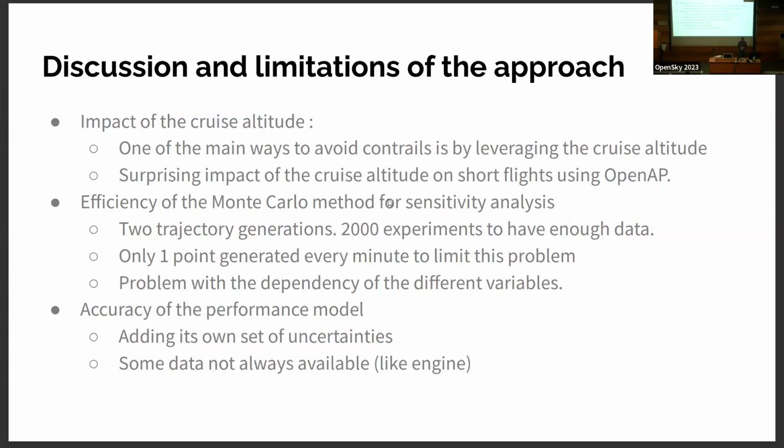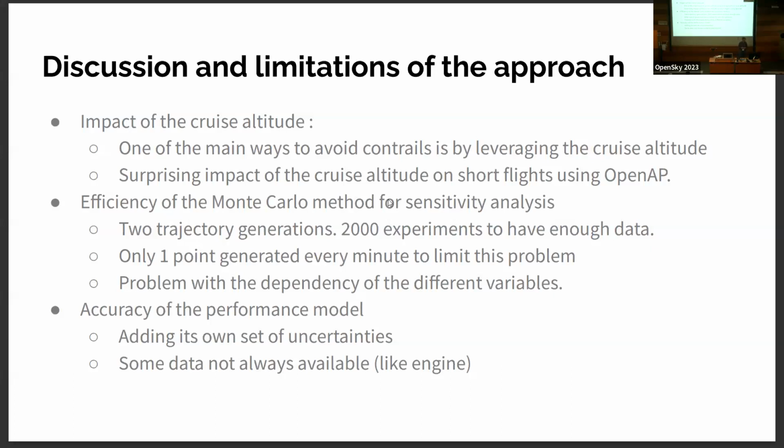And also the other problem is that for these kinds of methods, we need to assume that the different variables used are independent, which they are not, clearly. For example, the speed during cruising and the altitude during cruising are correlated quite heavily, and in this method, we couldn't really correlate them easily.